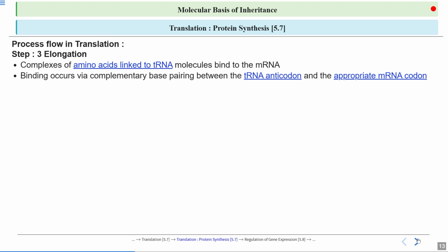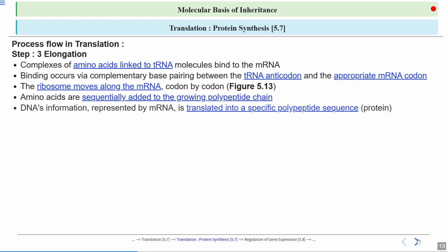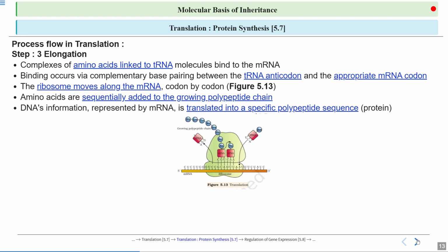Binding occurs by complementary base pairing between the tRNA anticodon and the appropriate mRNA codon. Now the ribosome moves along the mRNA codon by codon. Amino acids are sequentially added to the growing polypeptide chain. DNA information, which was represented by mRNA, is now translated into a specific polypeptide sequence, what we call protein.